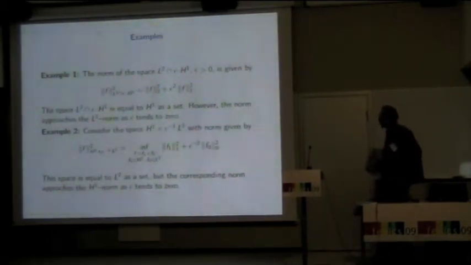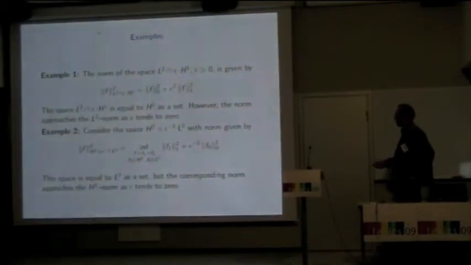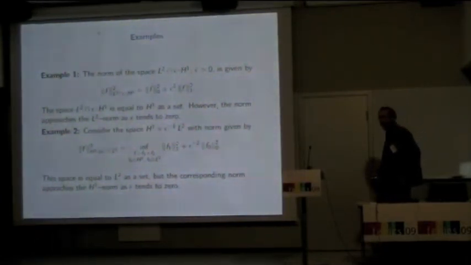On the other hand, if you look at the sum, H1 plus epsilon inverse L2, of course L2 is a bigger space than H1. So for every positive epsilon, this as a set is exactly L2. Any L2 function you can write as a sum of something in L2 and something in H1.